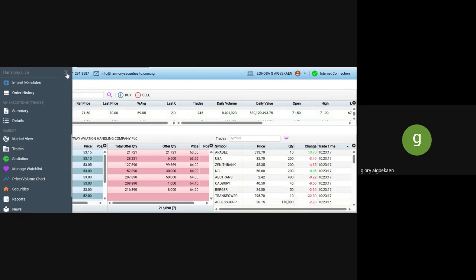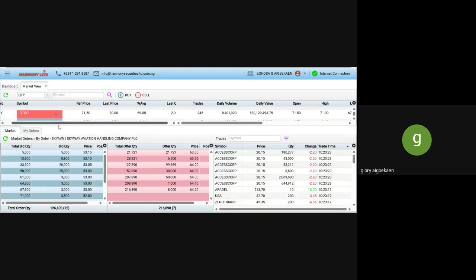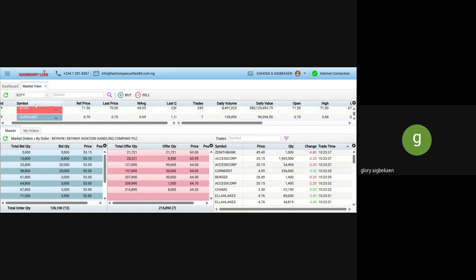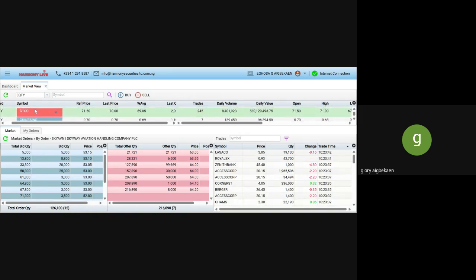Let me close this main menu. I think we want to buy GTCO. How do we go about it? We just locate where GTCO is. You can find GTCO, that GTB bank, in equity boards.